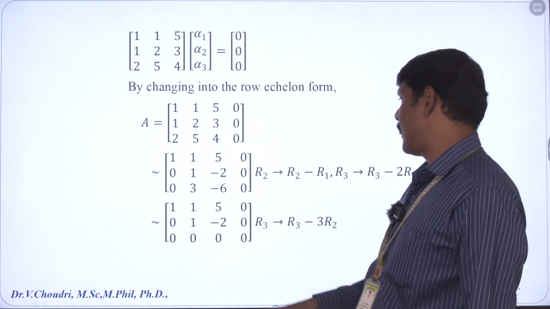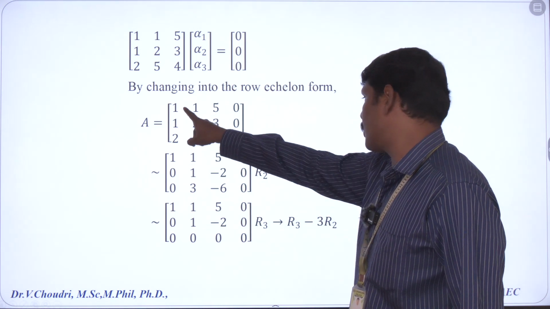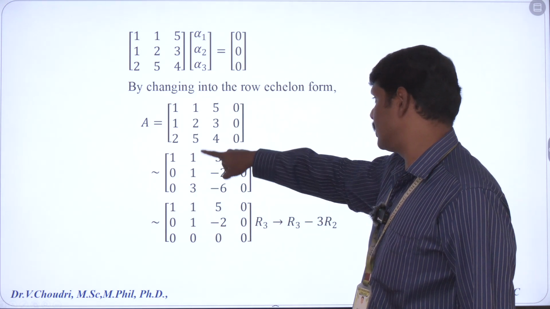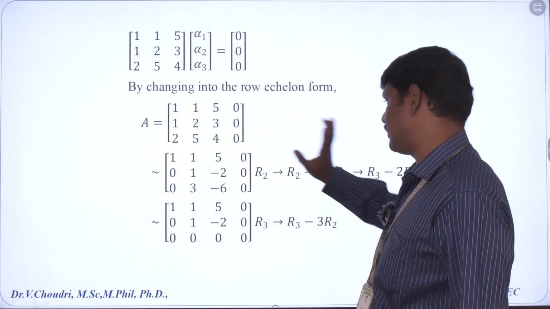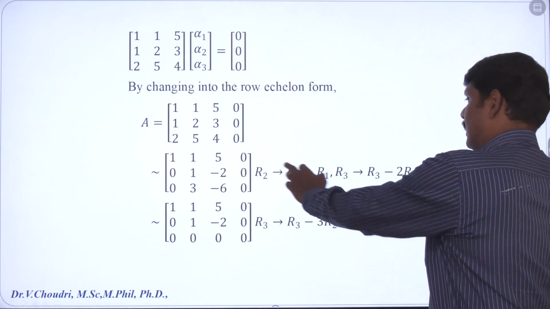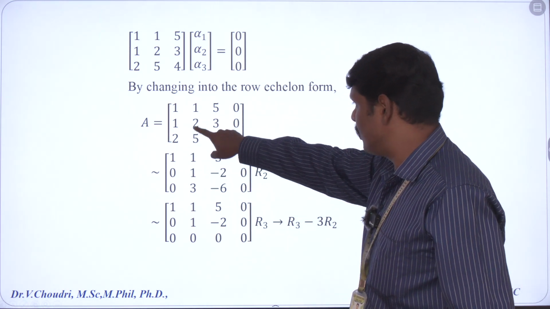Clear? Now by the simplification, taking the pivot element to 1, okay, so R2 minus R1 directly, 1 minus 1 0, 1 minus 2 minus 1 1, 3 minus 5 minus 2, 0 minus 0. Okay, R3, here 2 only known. How this 2 will be coming 0?